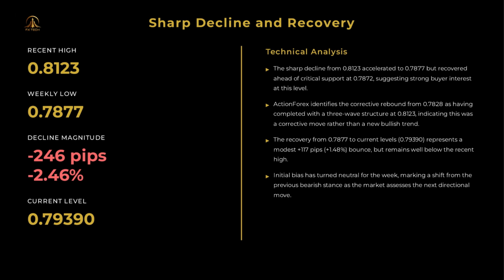Action Forex identifies this movement as completing a 3-wave corrective structure, indicating the rebound from 0.7828 was corrective rather than a new bullish trend. The recovery to current levels represents a modest 117 pip bounce, but remains well below the recent high. Initial bias has turned neutral for the week as the market assesses its next directional move.